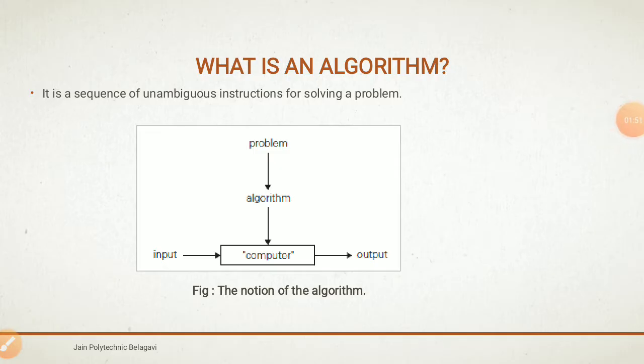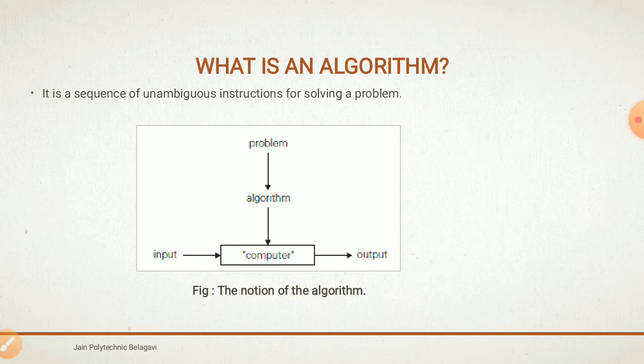As the notion of algorithm indicates here, the computer is performing something. That is, after the problem definition is defined, we will be writing the algorithm for that particular problem. Once the algorithm is completed, we will be coding it and executing all the instructions of that particular algorithm with the help of a computer.